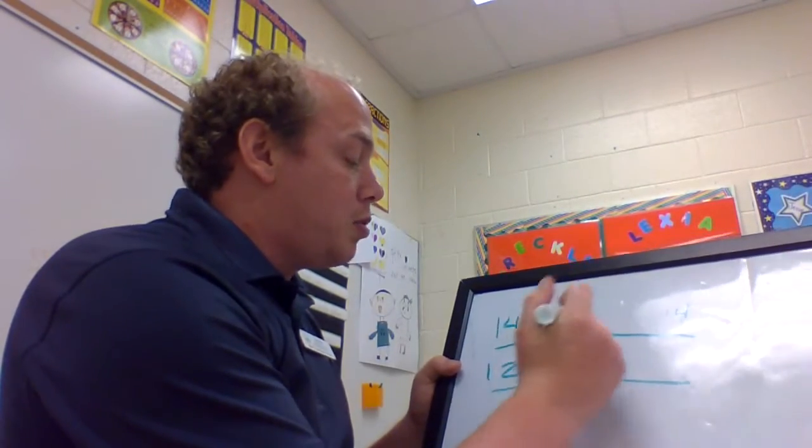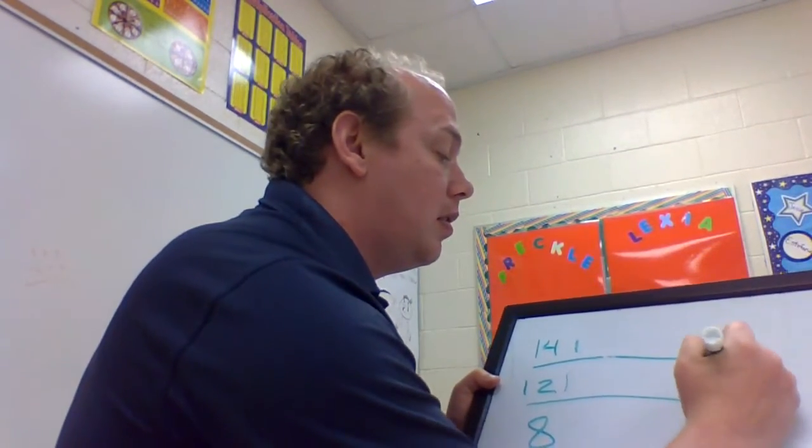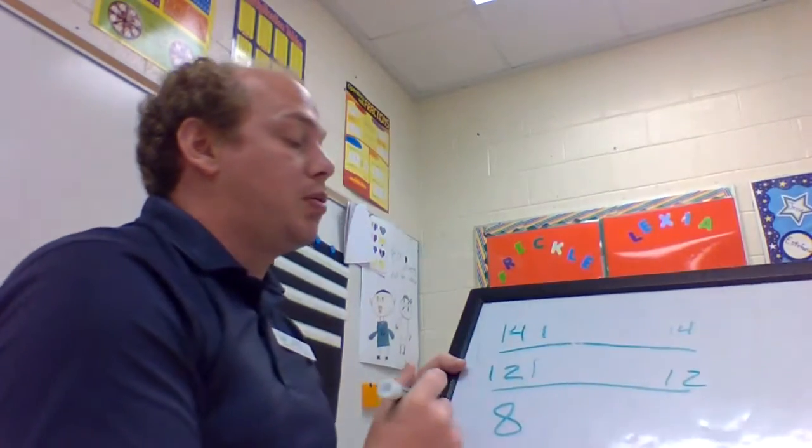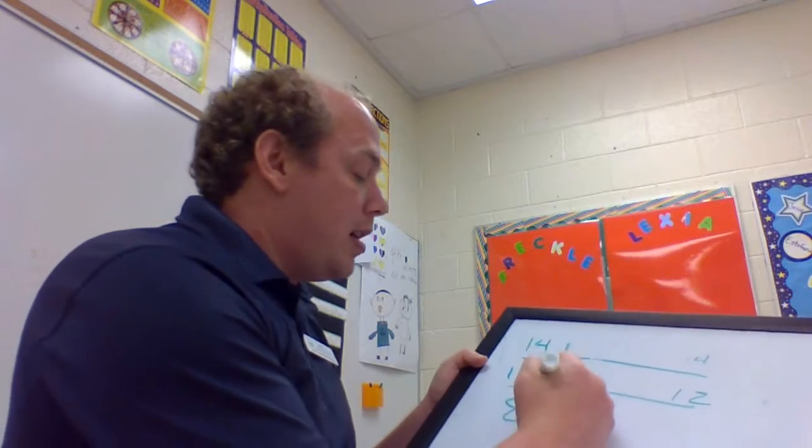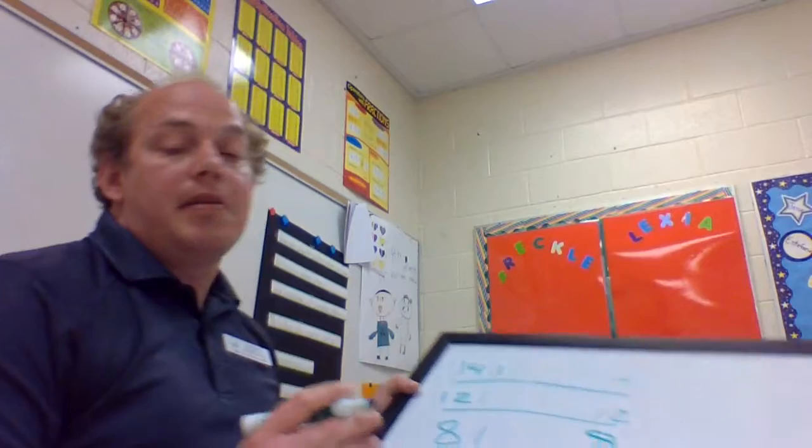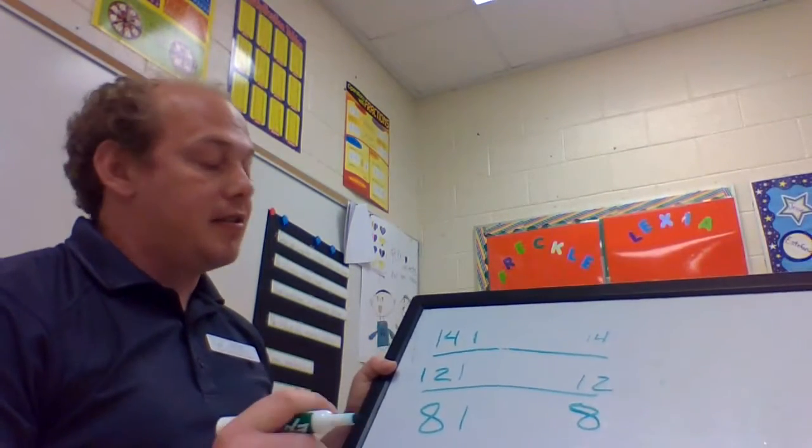So 1 times what equals 12? 1 times 12 equals 12. And 8 has a factor of 1. So 1 times what equals 8? 1 times 8 equals 8.